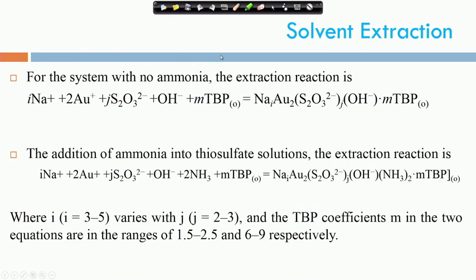So, that is one in terms of a complex. And if ammonia is present, a similar reaction takes place, and we have ammonia also in solution over here. So, ammonia also is in the complex. Here the I and J can vary, and the ester coefficient in the two equations is in the range of 1.5 to 2.5, and pH is around 6 to 9.